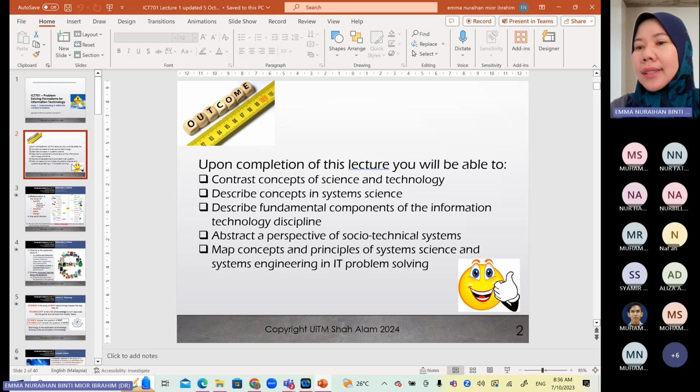Describe concepts in system science, fundamental components of IT discipline, and the perspective of socio-technical system, and also the concept of system engineering in IT problem solving, especially related to socio-technical system.